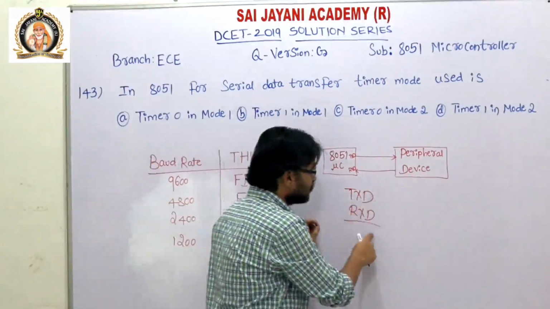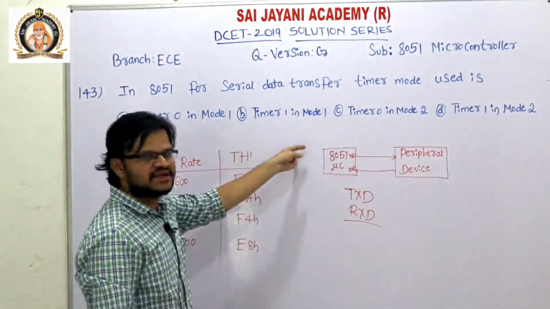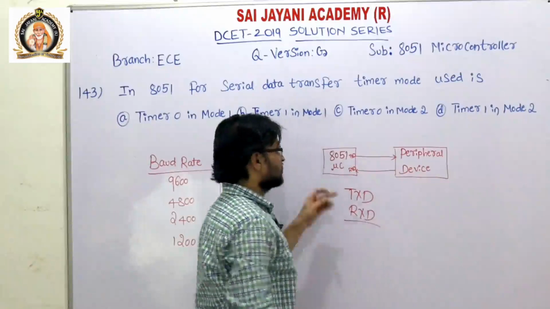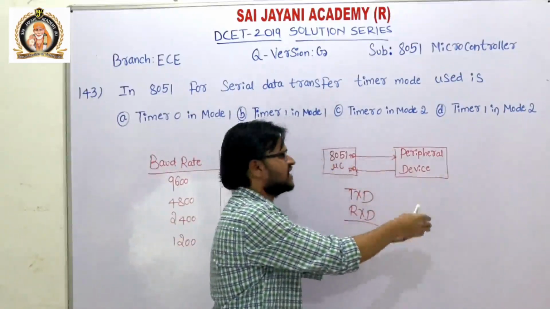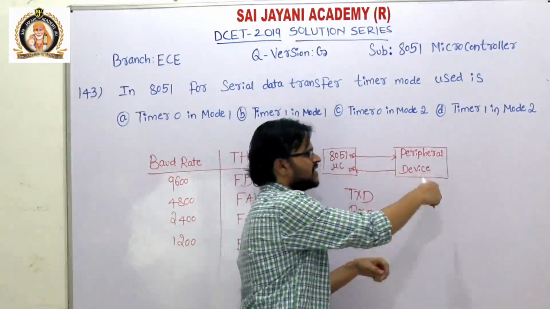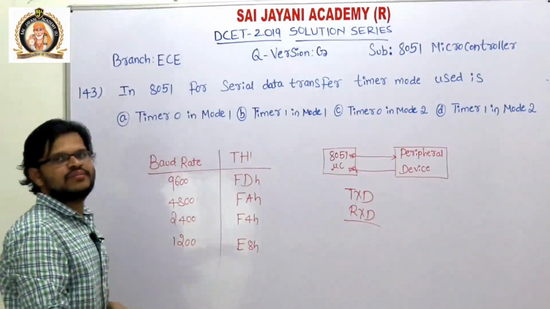By using these 2 pins, it transfers the data serially as well as receives the data serially from the peripheral device, using different baud rates.